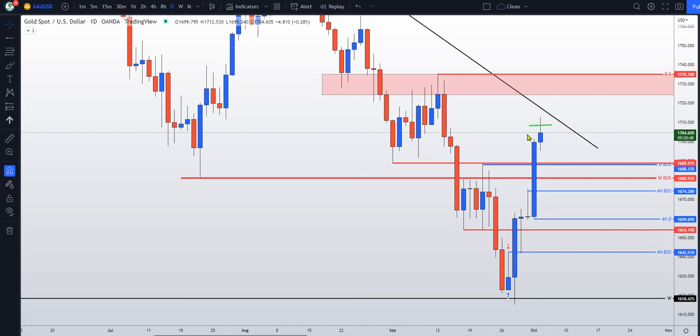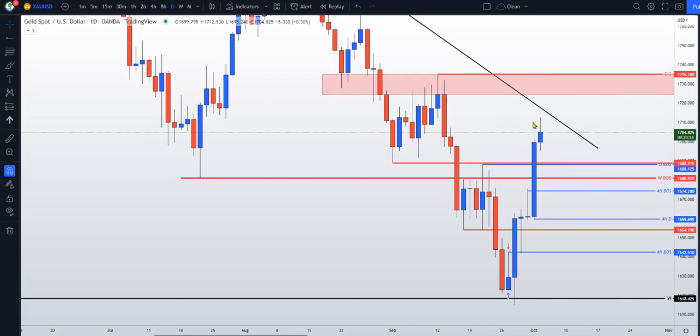But right now we're sort of in the middle of the range here on the higher time frames, where it would be much nicer to wait for potentially a pullback to retest these previous wicks and the weekly and daily key levels here for a continuation, or wait again for this to continue to the upside and look for potential sells from that zone.